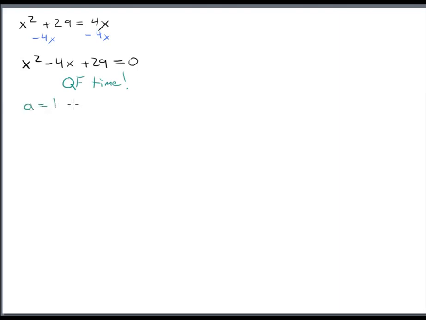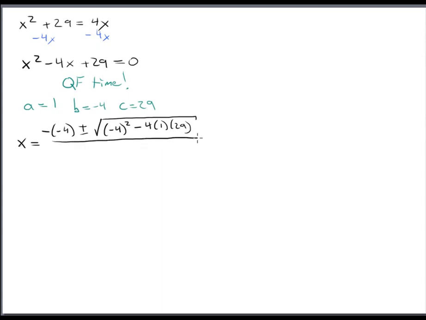a is 1, b is a negative 4, c is 29. x is equal to negative negative 4 plus or minus the square root of the quantity negative 4 squared, minus 4 times 1 times 29. And then all of this is divided by 2 times 1.